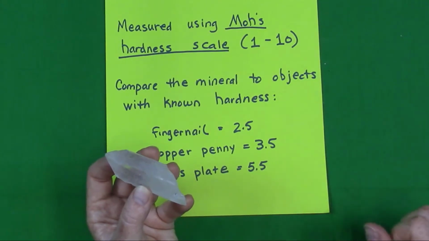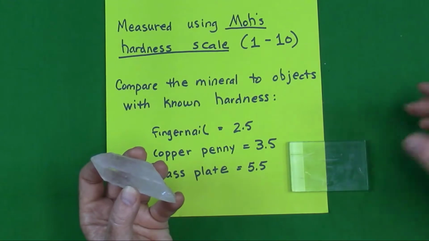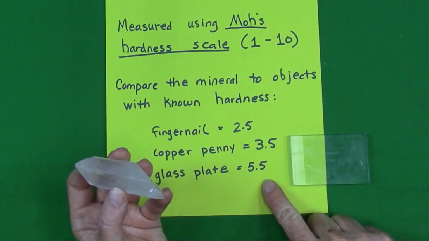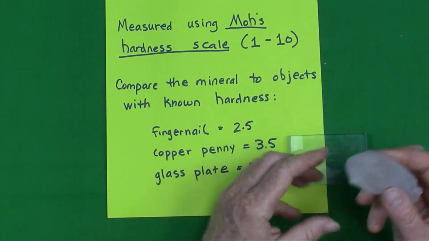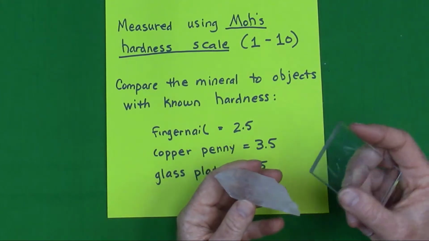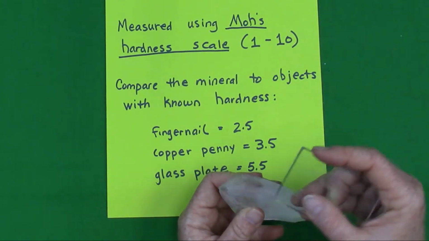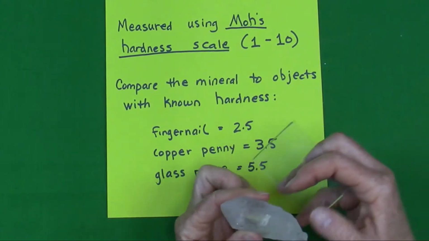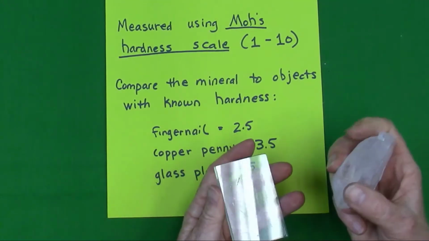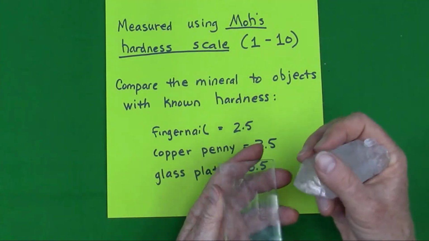So we probably want to be able to narrow that down more. So maybe we will take another hardness tool, like a glass plate with a hardness of 5.5, and we can either take the glass plate and try to scratch the mineral again, but it's probably a better idea to take the mineral and try to scratch the surface of the glass plate.